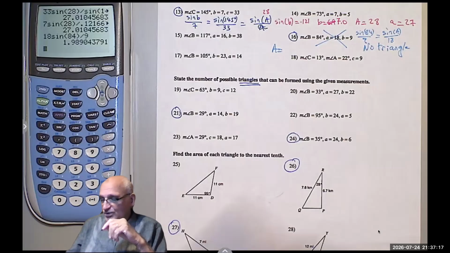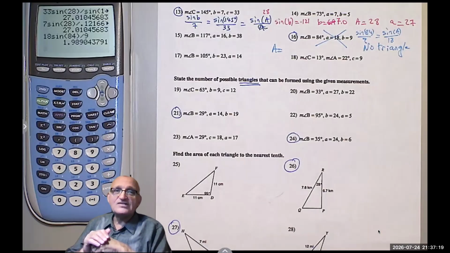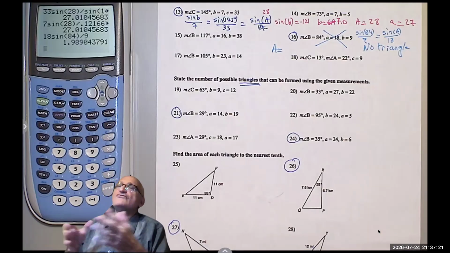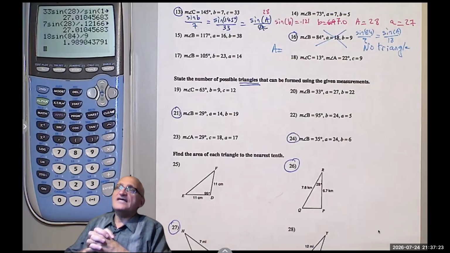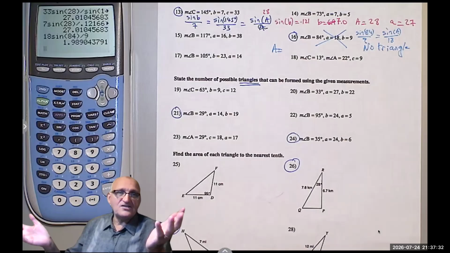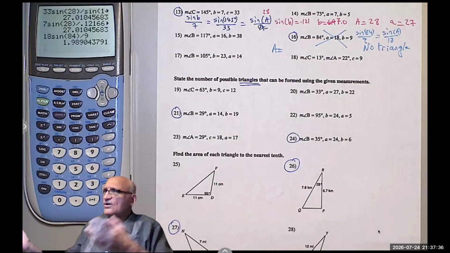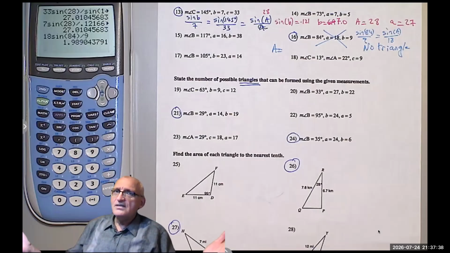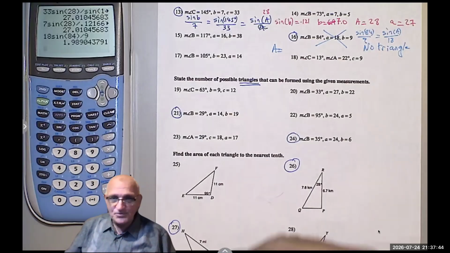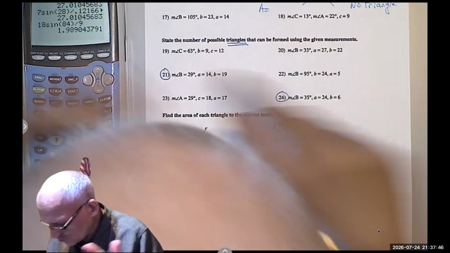When you take the inverse sine and say the sine of theta is 1/2, the calculator will give you 30 degrees. But then you say, wait a second, it's either 30 or 150. So you may have 2 triangles that fit the same thing. One of them is acute, the other is obtuse. So let's do these 2.